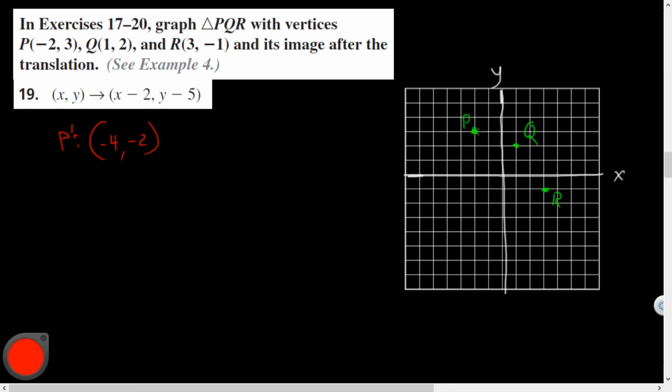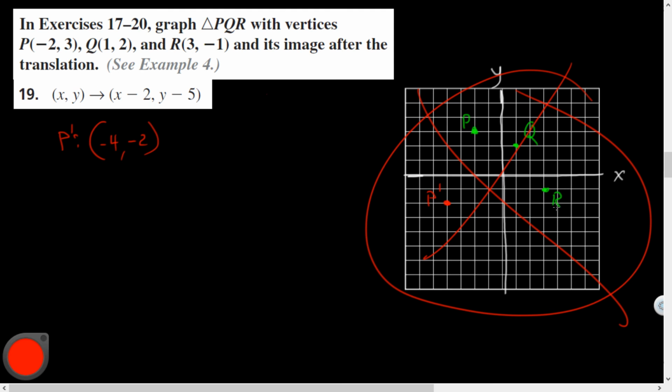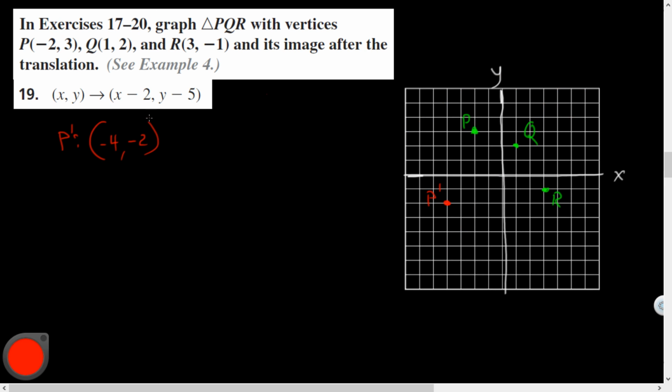Let's see if that actually makes sense. So left 2 and down 5, it worked out. So if I wanted to avoid a graph, which I always want to, and they didn't ask me to graph it, I could have used the rule for translation and just applied it to those coordinates and visualized what was happening.